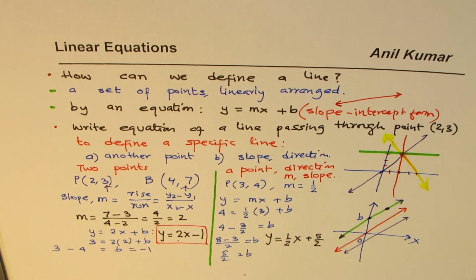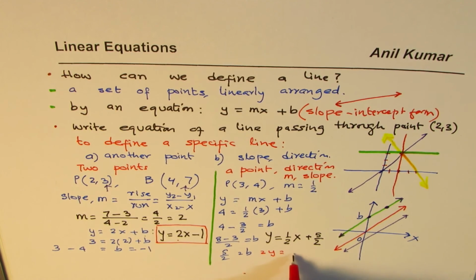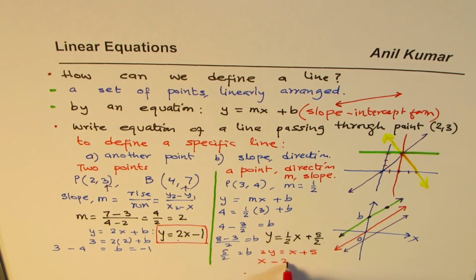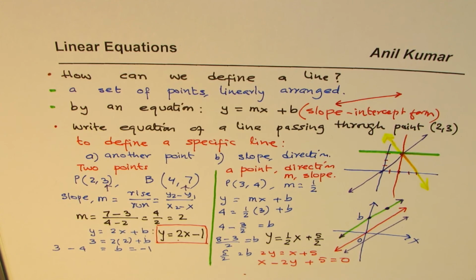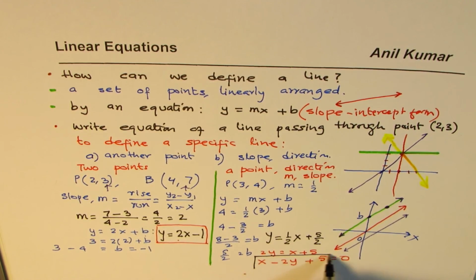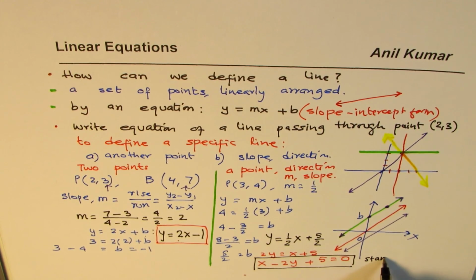So if I have to convert that, then in this case I'll just multiply by 2. So I get 2y equals x plus 5. Bring them over to the same side, so I have x minus 2y plus 5 equals 0, and that is the standard form, right? So we get another equation which is this, and this is the standard form.